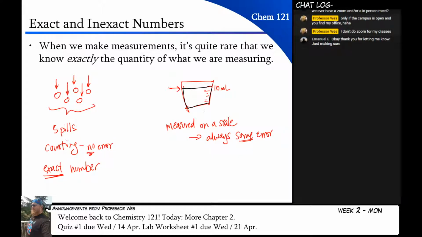It will hold 9.98 or maybe 10.03 or maybe 10.00000001 milliliters, based on just what you pour in there. The odds of you landing on exactly 10 milliliters are infinitely small, because you'd have to get it down to the atom, and that's not possible. So we're going to call a number that is measured on a scale and has some error in it an inexact number.